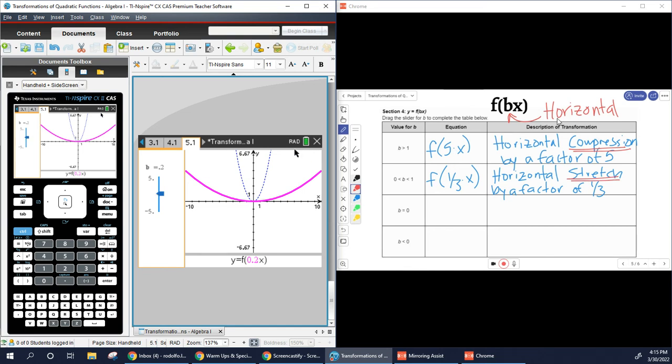So what am I doing horizontally? I'm squeezing them or I'm stretching them, right? My hands are squeezing together, a compression, or they're stretching further apart horizontally.